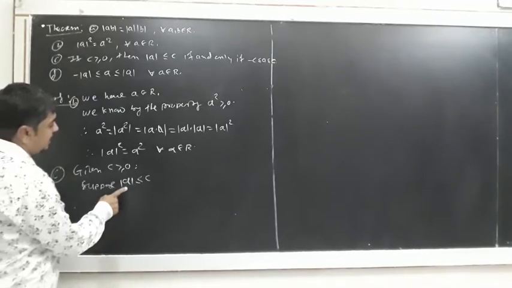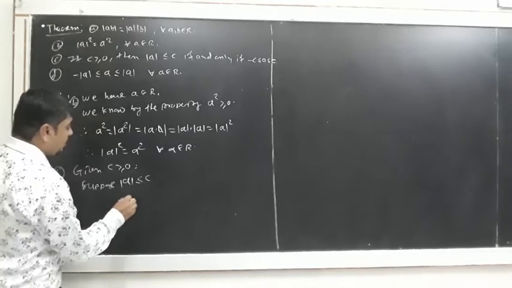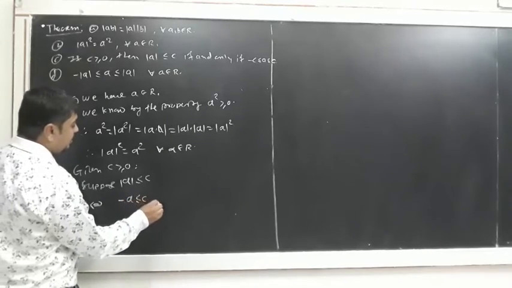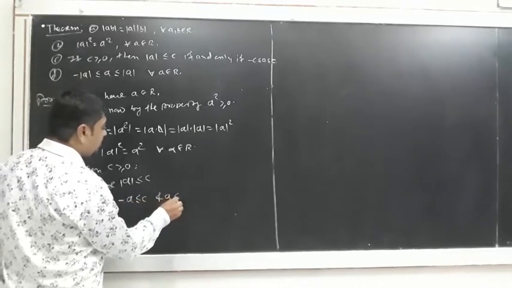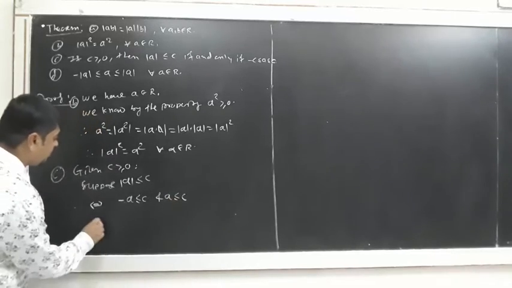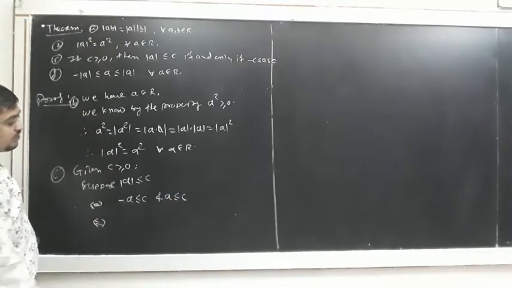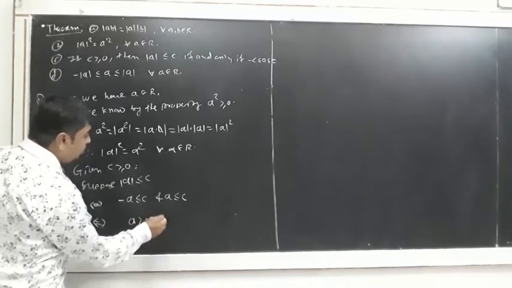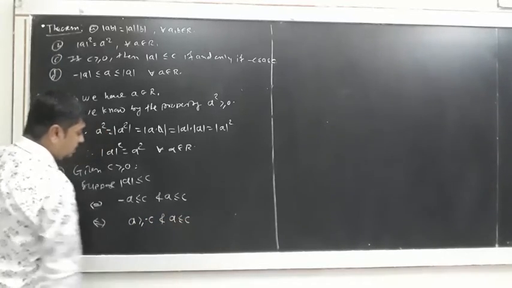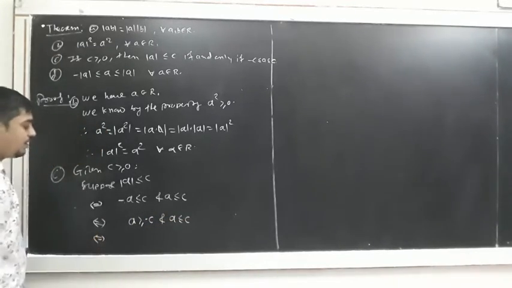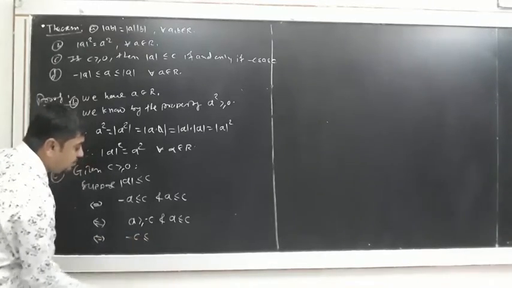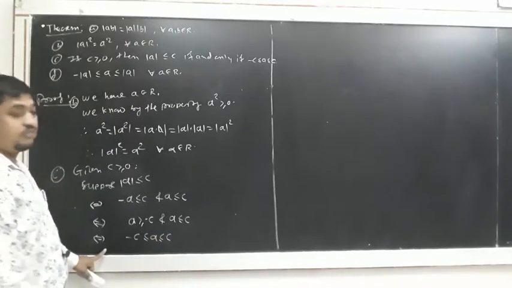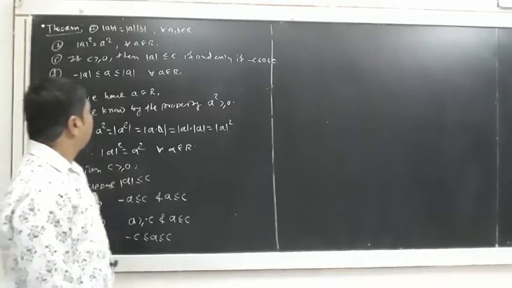Mod of A is less than or equal to C means mod A is less than or equal to C, and minus mod A is also less than or equal to C. Then it can be a double implication. This can be written in the form of A is greater than or equal to minus C, A is less than or equal to C. And we can write it implies minus C is less than or equal to A is less than or equal to C. And this is our answer. So we are getting the third one.